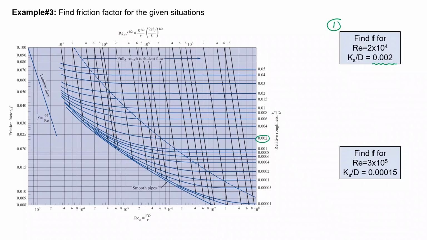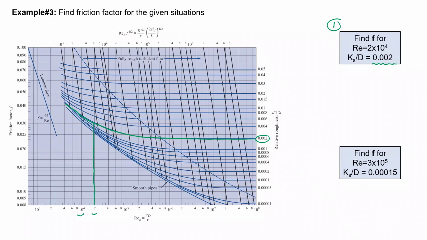Now, you need to work with that line that represents that K sub S over D. That line is this line that I'm going over right now. Perfect. Now, the next thing that you need to do is to find Reynolds number. Reynolds number is 2 times 10 to the power 4. First, find 10 to the power 4. Here is 10 to the power 4, and then find 2 here. So this is the line. Go up until it crosses the green line again.